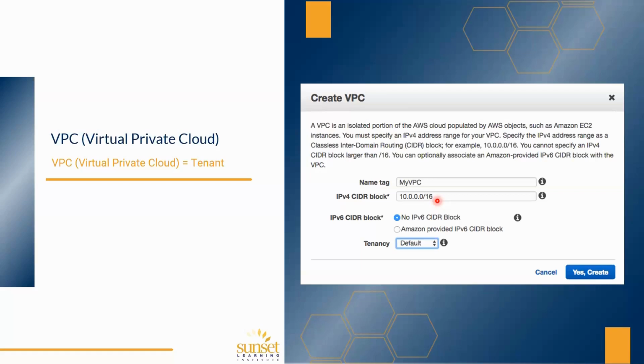So when you're going through the wizard, you can see a VPC is an isolated portion of the AWS cloud. It doesn't talk to any other VPCs unless you hook them together, which is absolutely doable, by the way. That's a transit gateway, and that's a little above the talking points here for today.